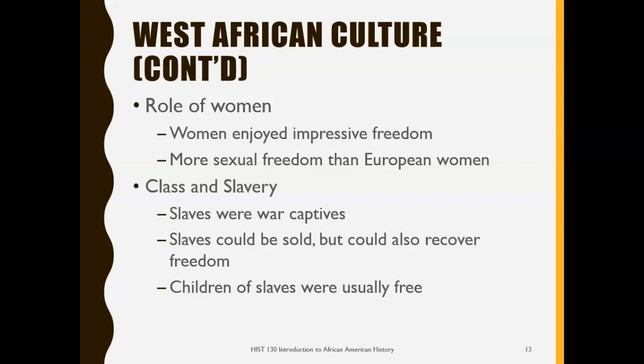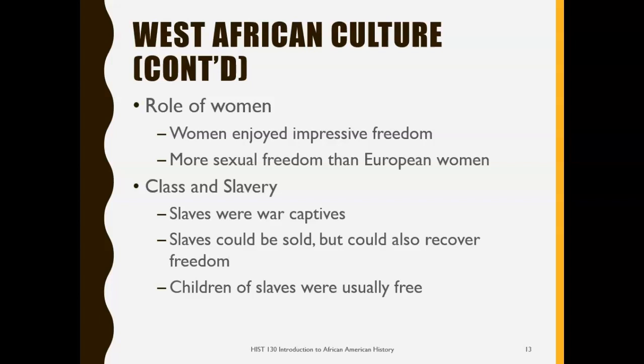And today, if you go to West Africa, you may hear the story of women who can have more than one husband. That tells you about women's power, but also the sexual freedom of women in West Africa.